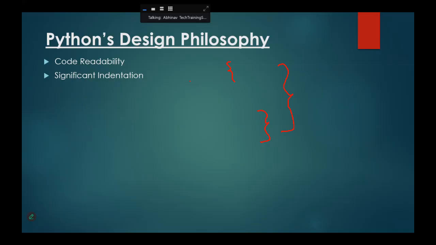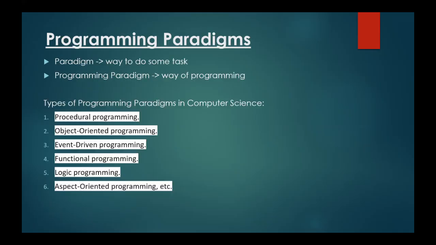But whatever spaces you decide, you have to be uniform with that particular number going forward. In that particular file or Python code, whatever indentation you decide, you have to be uniform with it. Okay, so this is about Python's design philosophy when Rossum invented Python.